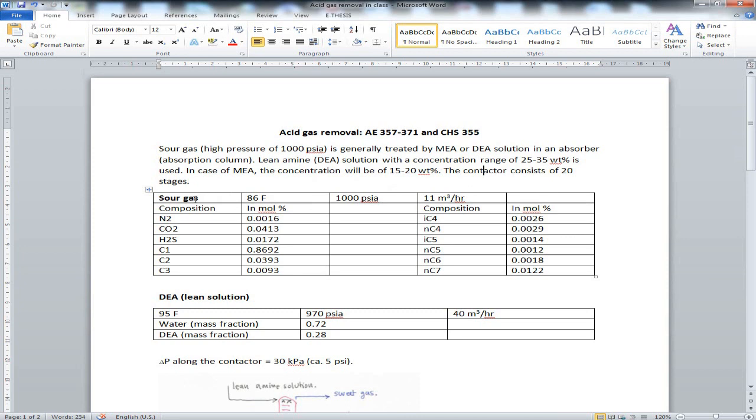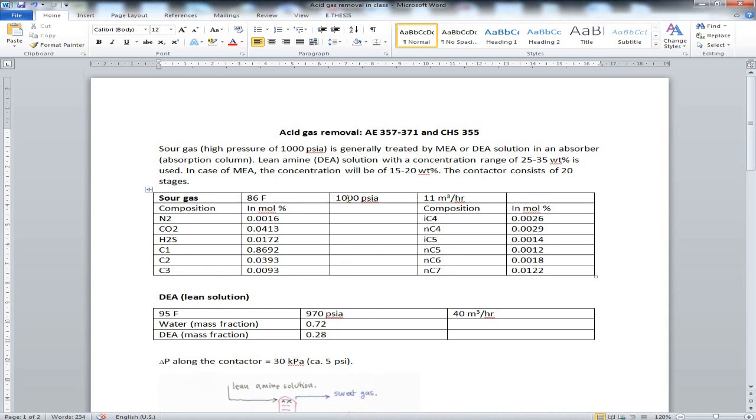One is sour gas. In this case, the composition is nitrogen and acid gas, including carbon dioxide and hydrogen sulfide, and hydrocarbons from C1 to C7.